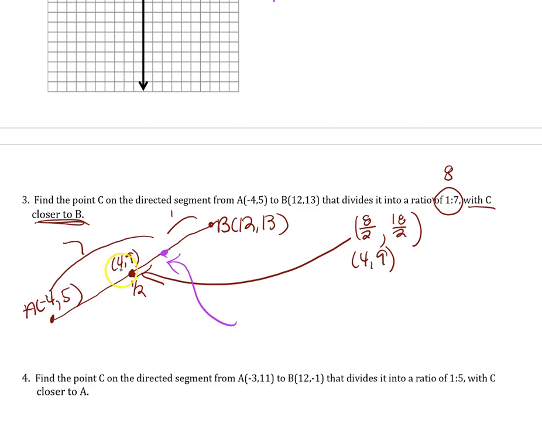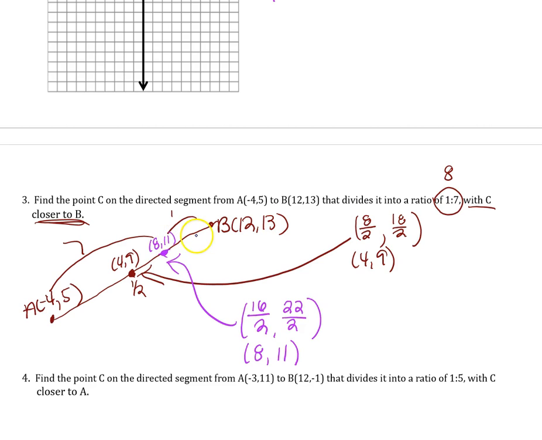So that would be halfway in between 4, 9 and 12, 13. So that's 4 plus 12, which is 16 divided by 2. 9 plus 13, so that is 22 divided by 2, and that gives me 8, 11. Okay, so that would be like my quarter mark.